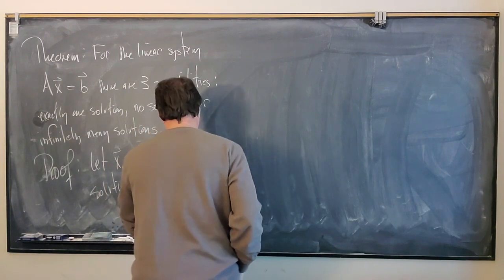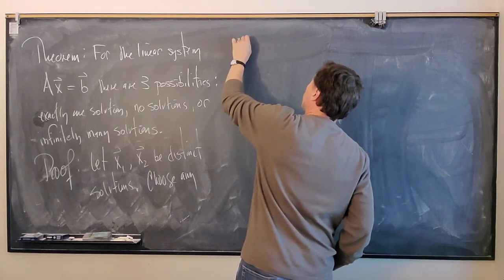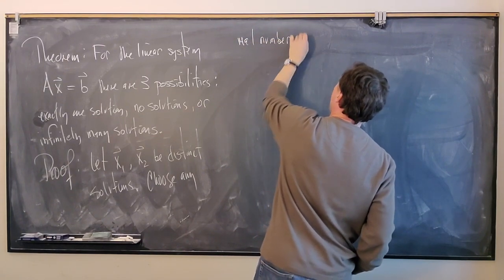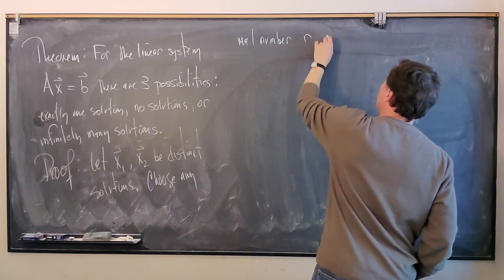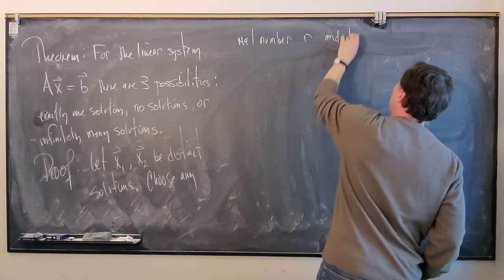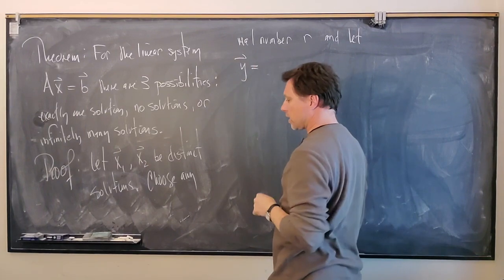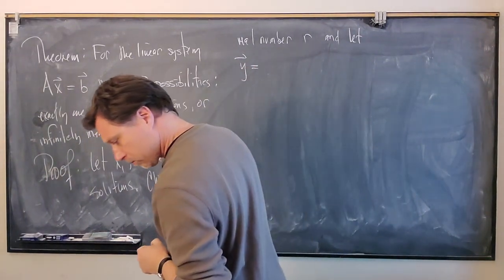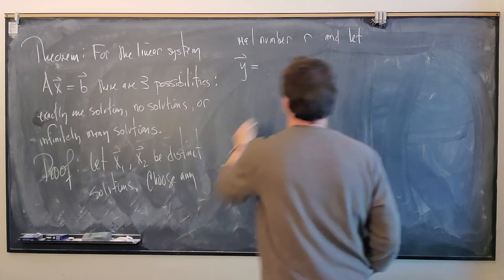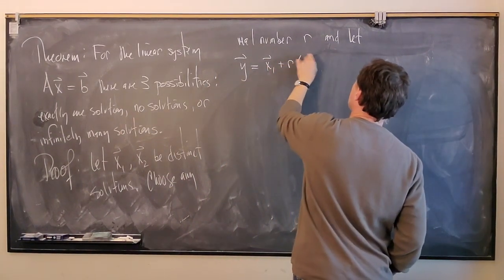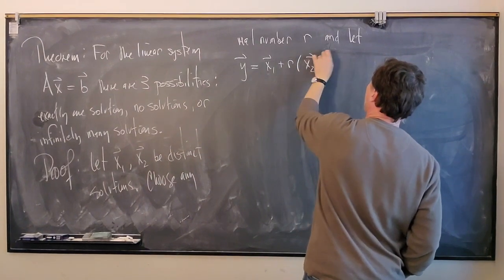Now, I'm going to choose any real number r and let this vector y equal x1 plus r times x2 minus x1.